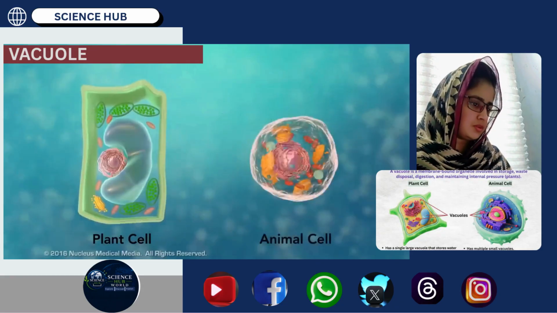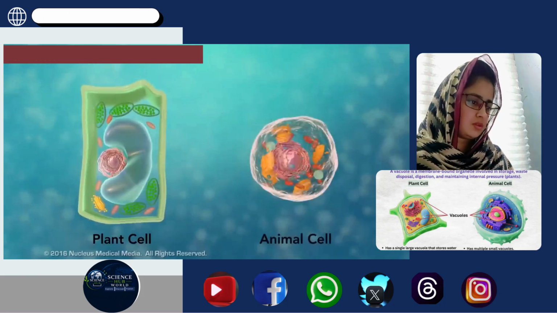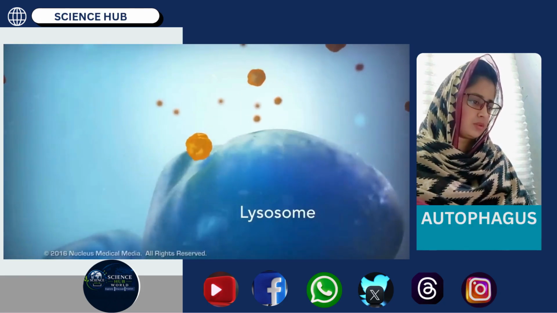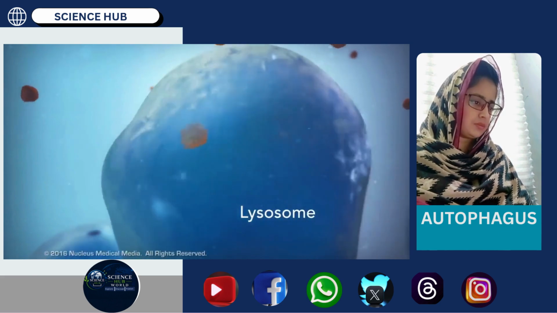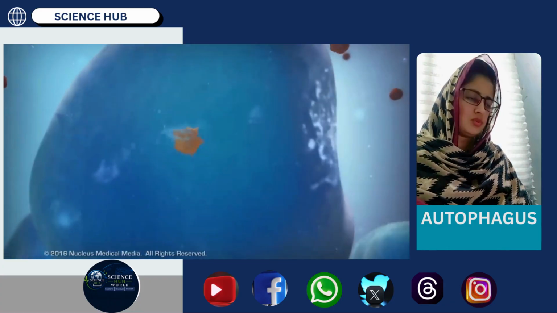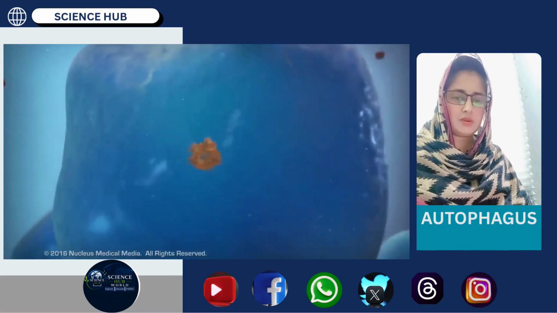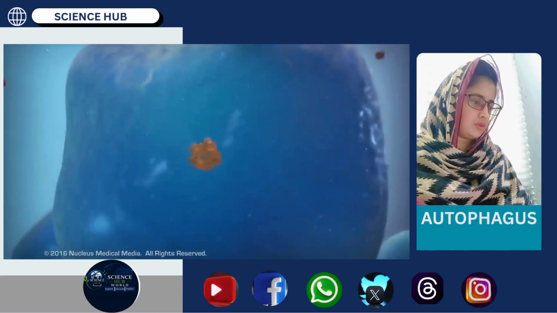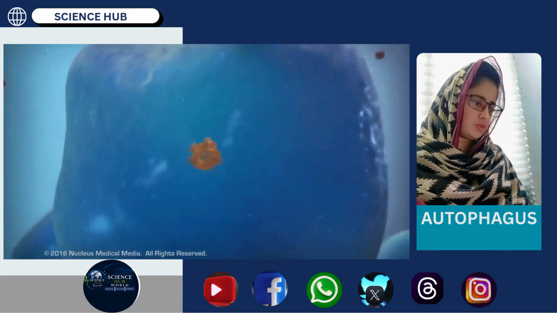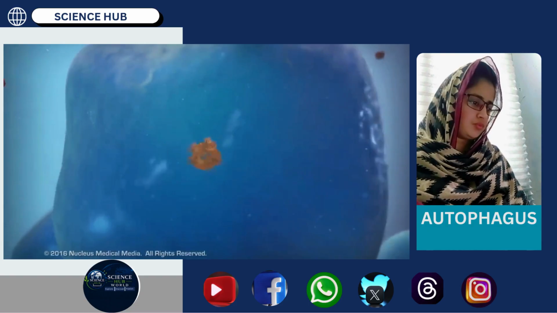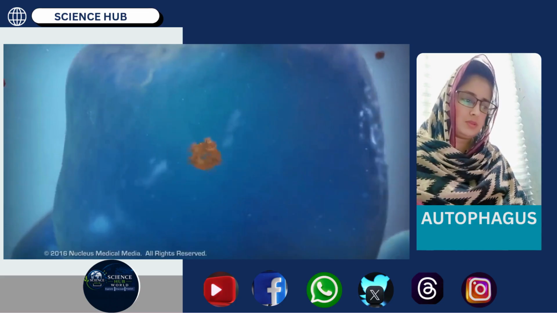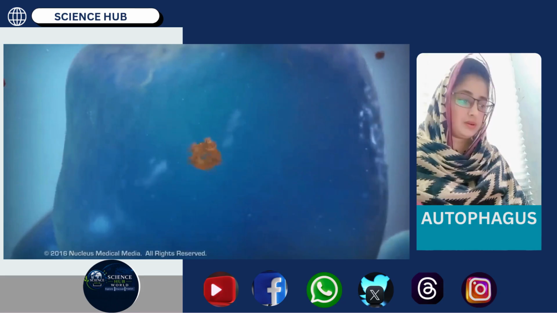Vacuole is present in the center, and in animal cell, you can see the other organelles, lysosomes. They are also called the garbage collectors, and store the damaged particles from other cells. They are filled with enzymes that can perform the different cellular activities.